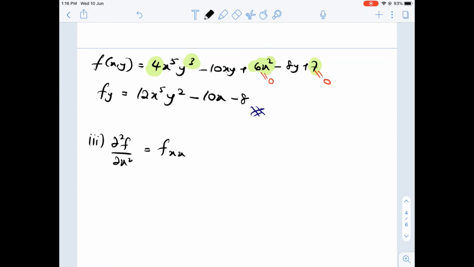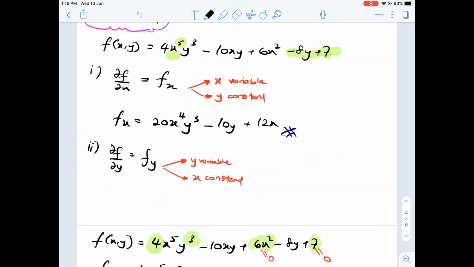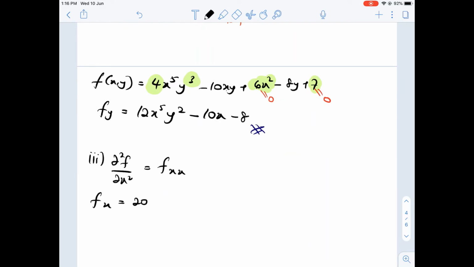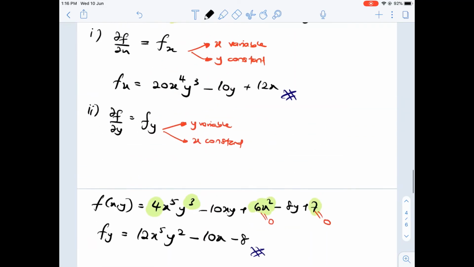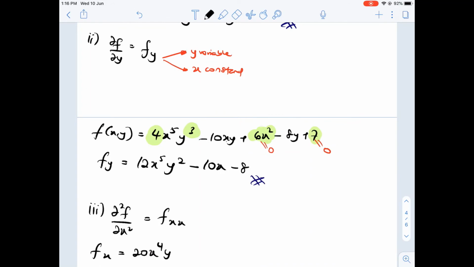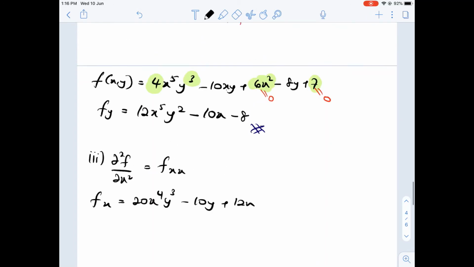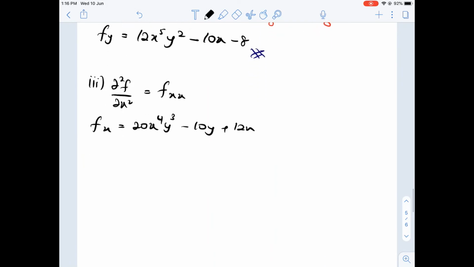Previously in question number 1, we have fx equals 20x to the power of 4 y cubed minus 10y plus 12x. So we need to differentiate this again with respect to x. Again, y becomes a constant.